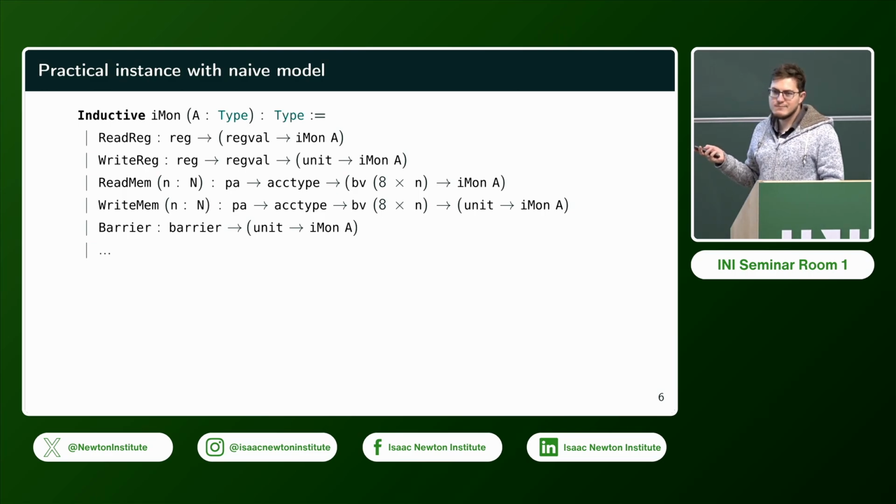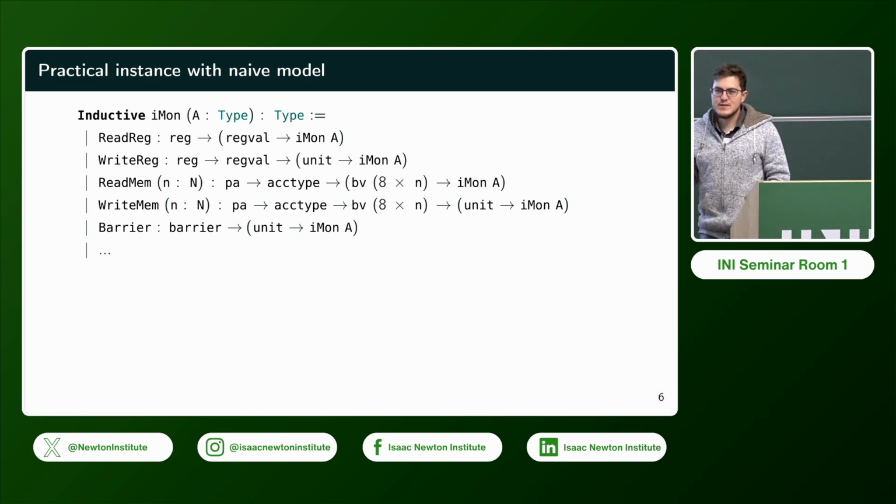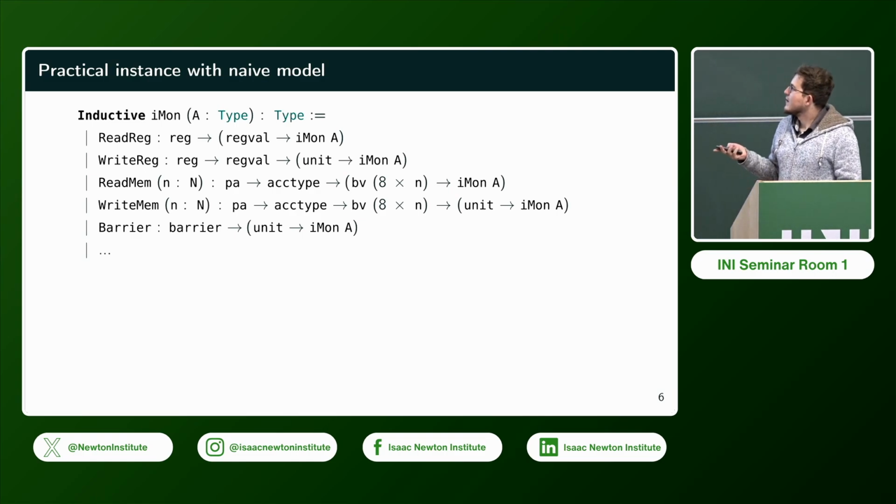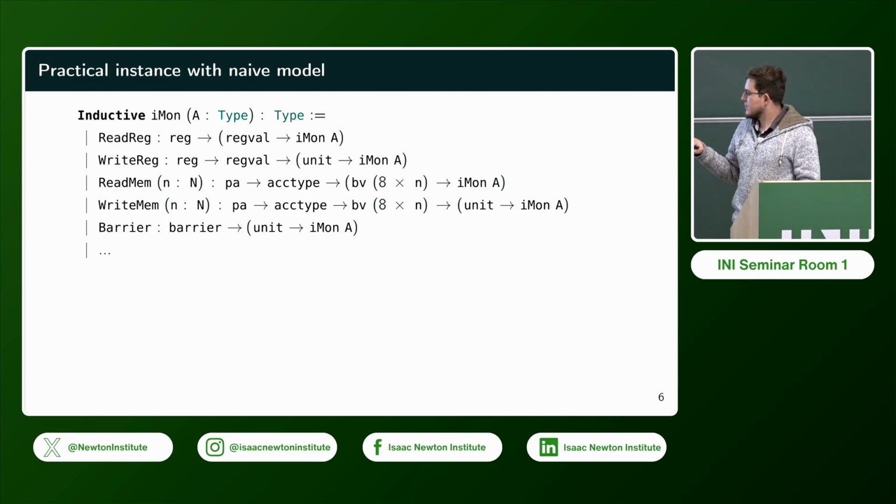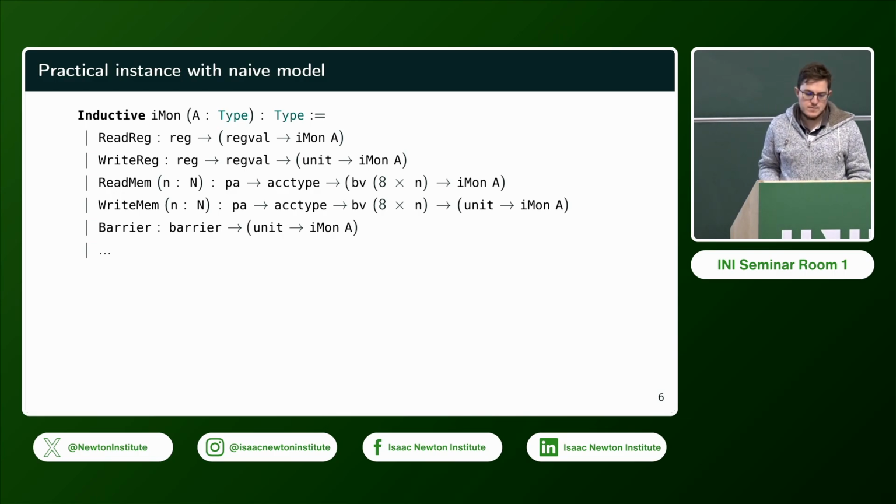That's really like the ITree style, or free monad over a set of effects, except it is inductive because all instructions terminate. Similarly for writing memory, you take the size, the address, the access type, and the value to write, and it returns unit, and from that unit you continue the rest of your instruction execution.